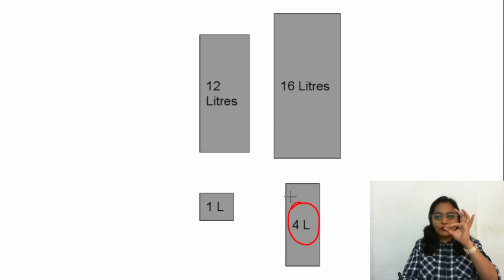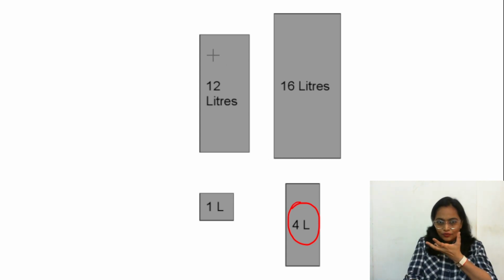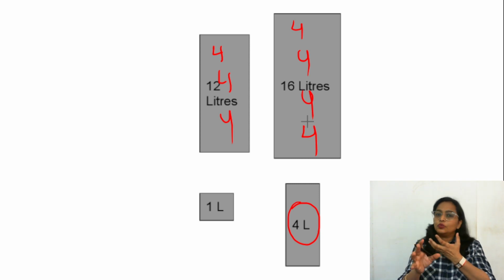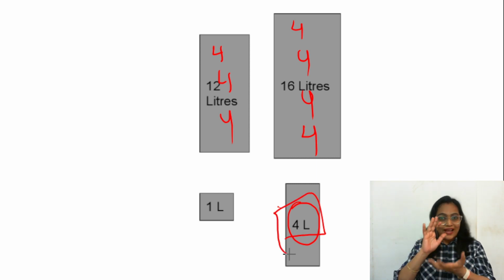And while measuring, this 4-liter jar will be filled completely. So if you fill this 4-liter jar 3 times, then it will measure 12 liters. Likewise, if you fill the 4-liter jar 4 times, 16-liter milk will be measured, right? So, your mom will choose this 4-liter jar.